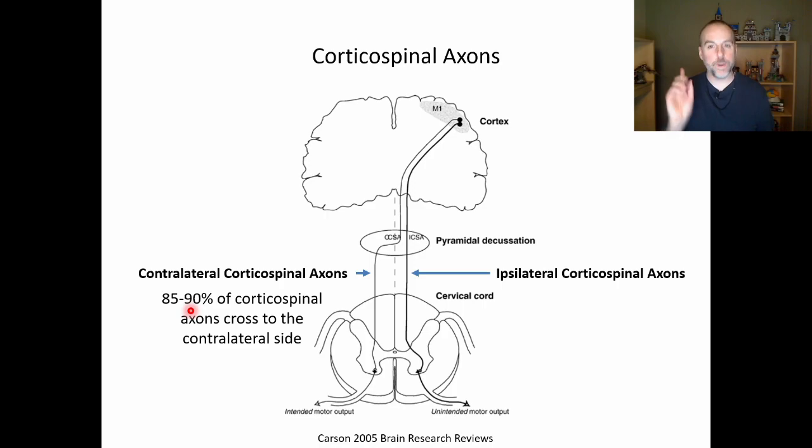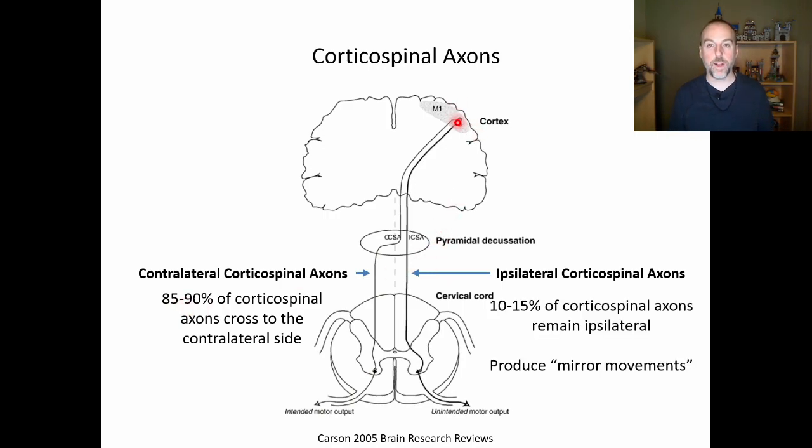There are, however, ipsilateral corticospinal axons. And here, if we're sending a motor command out to our left hand, that originates from the right hemisphere, and most of those corticospinal axons take that command to the left hand, 90% we'll say, but 10 to 15% of the corticospinal axons remain ipsilateral and would end up sending that motor command to the right hand.